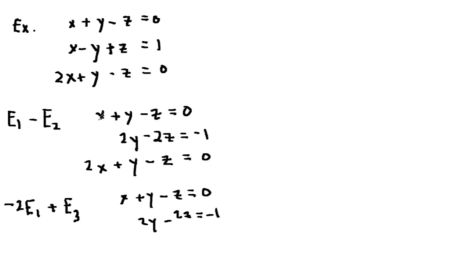Okay, so minus 2x plus 2x is 0x. Minus 2y plus y is minus y. Here we'll have 2z minus z, which is just z. 0 plus 0, which is 0.